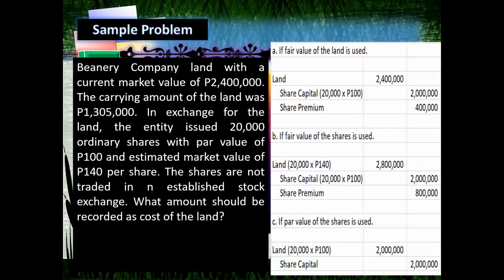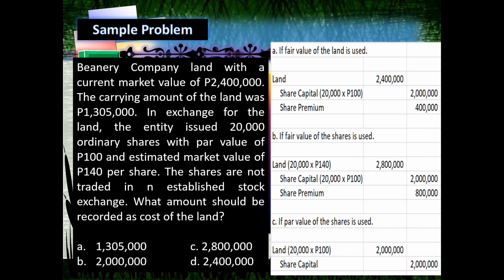Okay, so we have here a sample problem kay Binary Company, no? Purchased land with a current market value of 2.4 billion. The carrying amount of the land was 1,305,000.